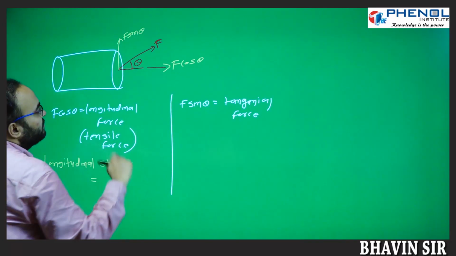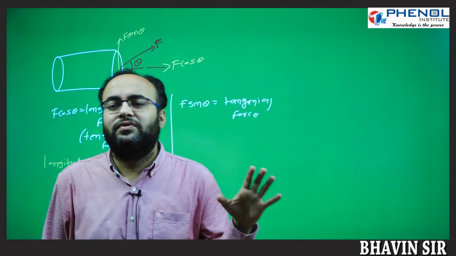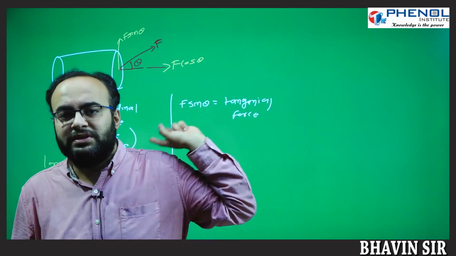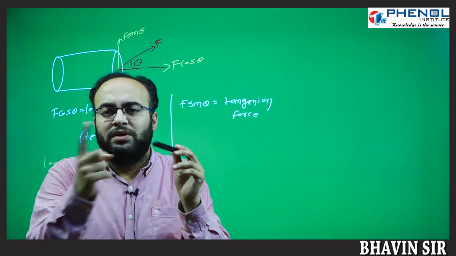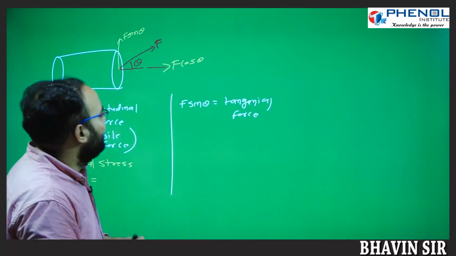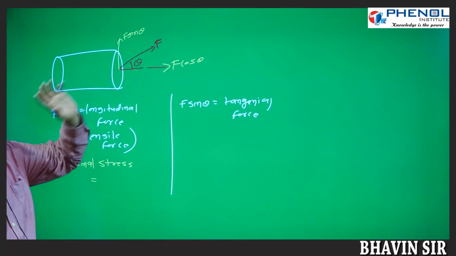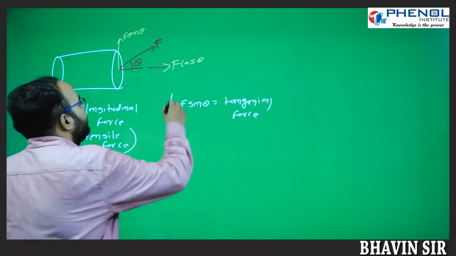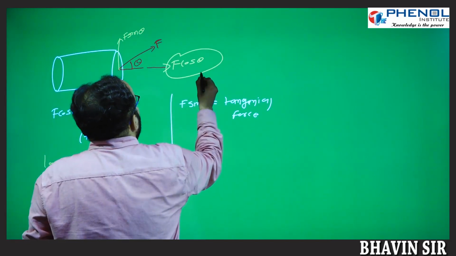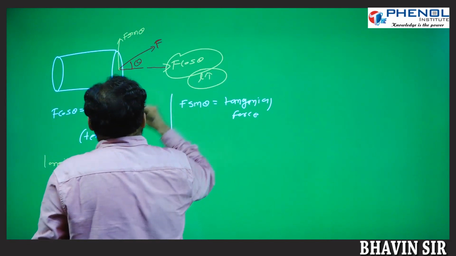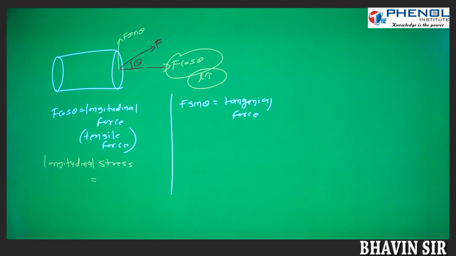Why is F cos theta known as tensile force or longitudinal force? Because it is perpendicular to the cross section of the wire, and due to F cos theta the length is increased, so that's why it is known as tensile force.